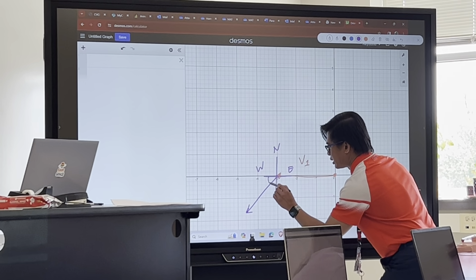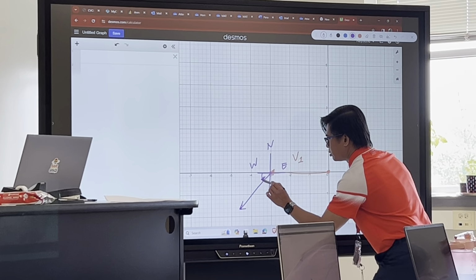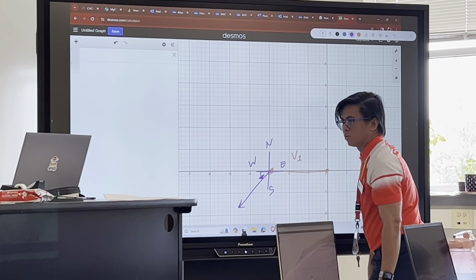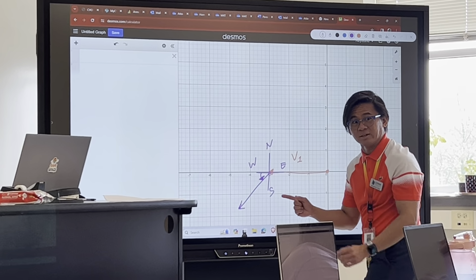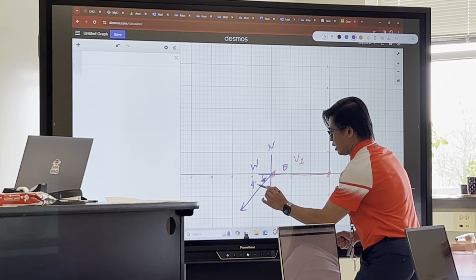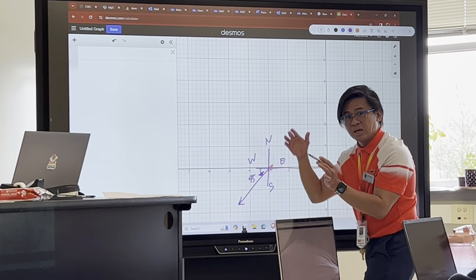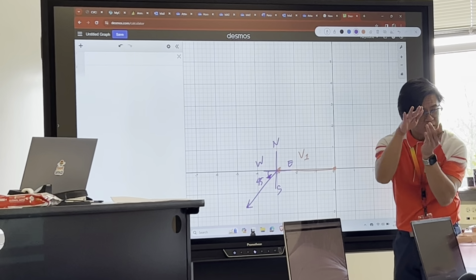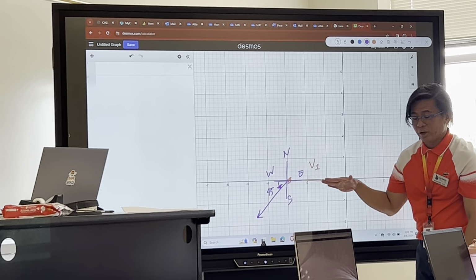So this one in here can be said to be how many degrees when you say southwest? 45 degrees, right? Since from south to west is 90 degrees, southwest is halfway, midway of an angle between them.